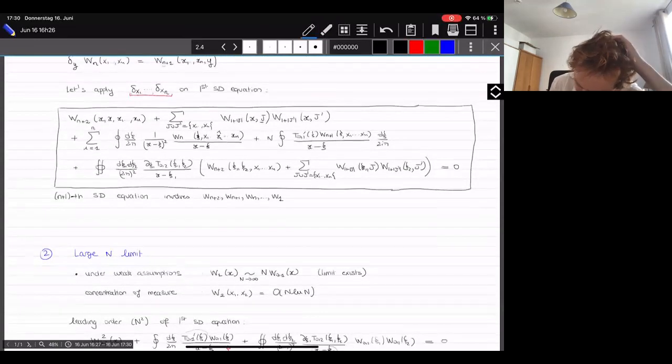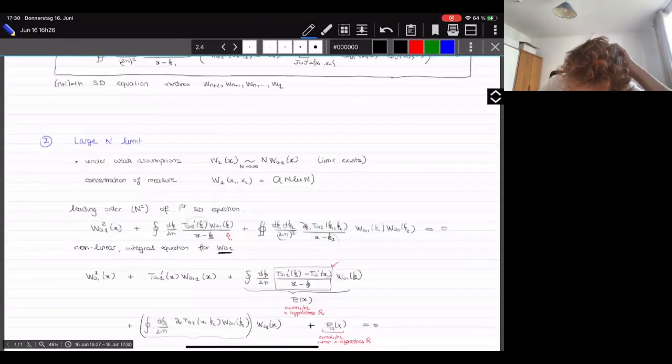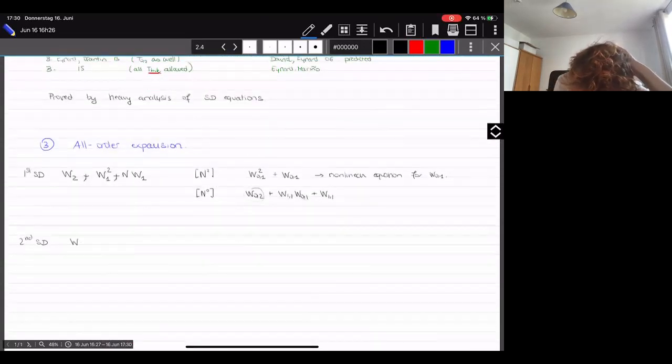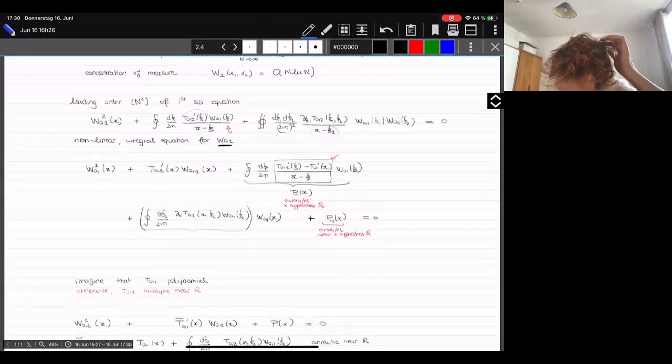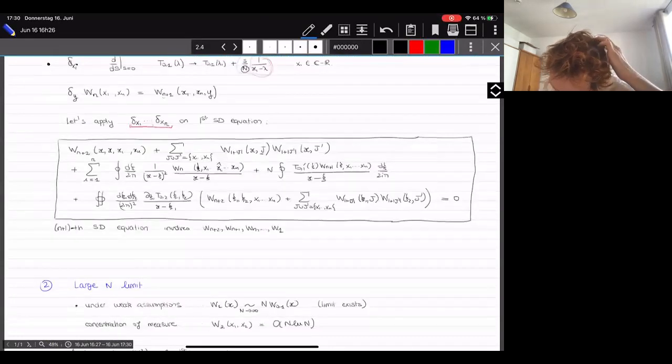If I look at the second loop equation, I'm going to get W3, W1, W2, and some W1. So we're going to see some W3, W1, W2, some n W2, and some term involving W1, without an n.